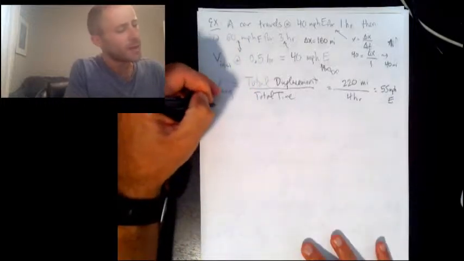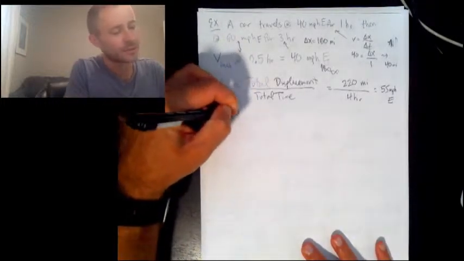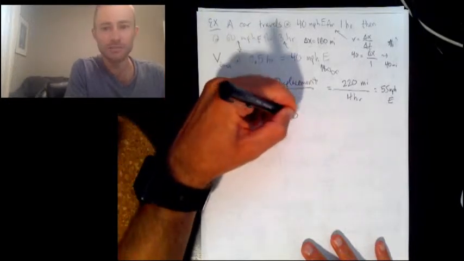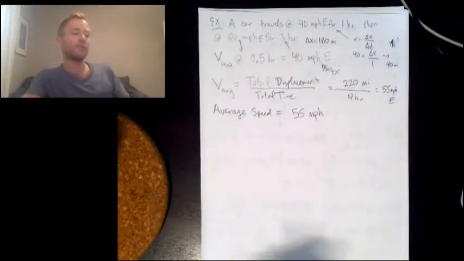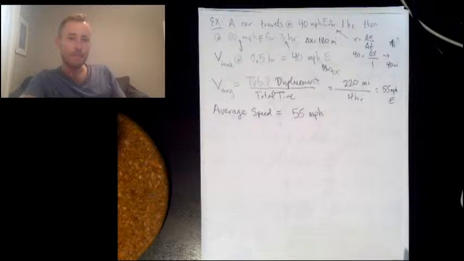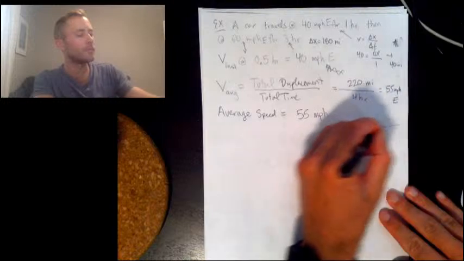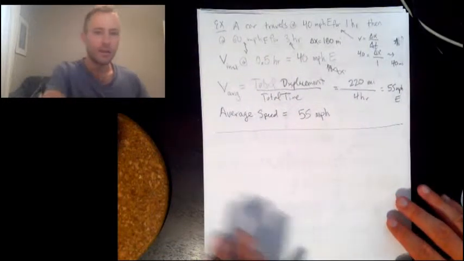Now, the average speed in this case is going to be exactly the same as the average velocity. And if you know why, go ahead and type it into the live chat.